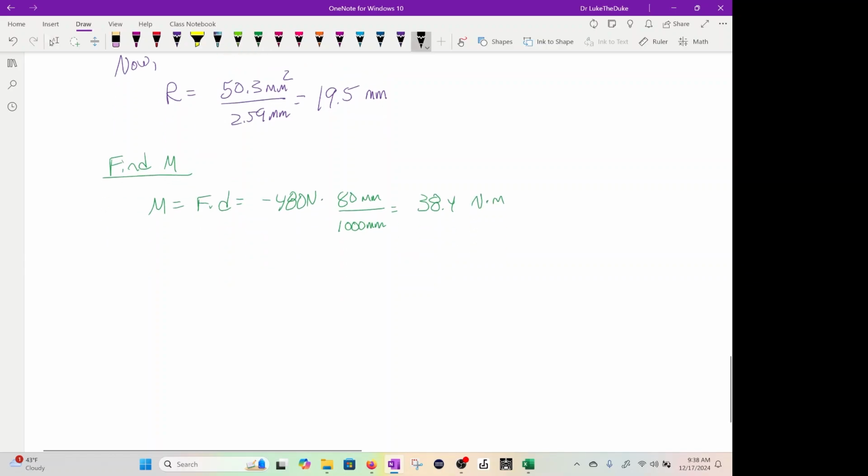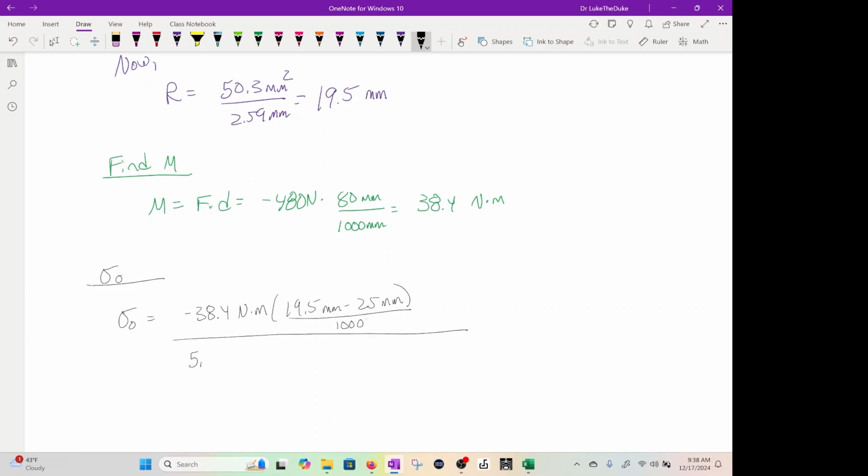Okay, now we can find sigma O. So negative 38.4 Newton meters times 19.5 millimeters minus 25 millimeters. I'm going to divide these both by 1,000 to get it into meters, divided by 5.03 e to the minus 5 meters squared times 0.025 meters.